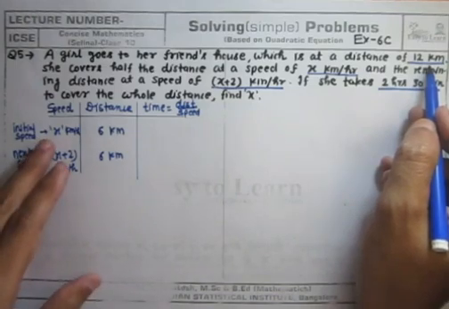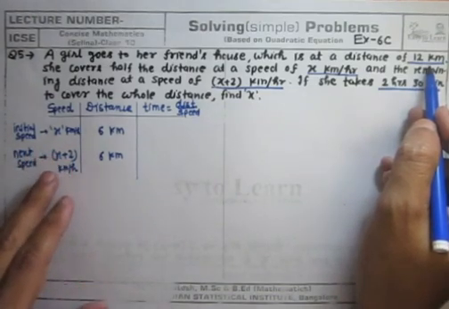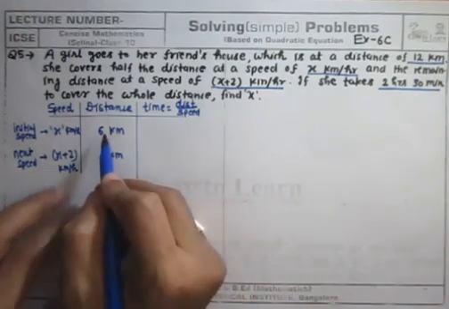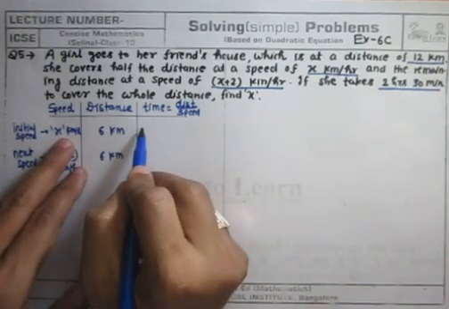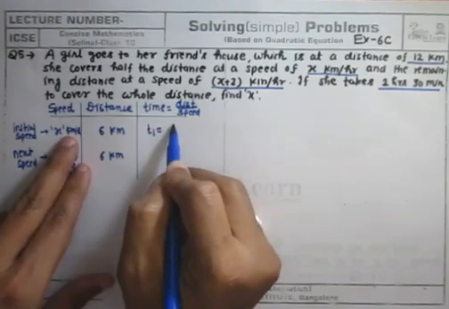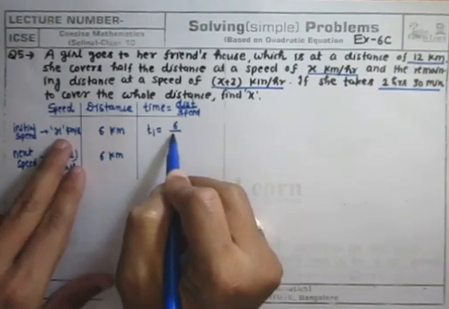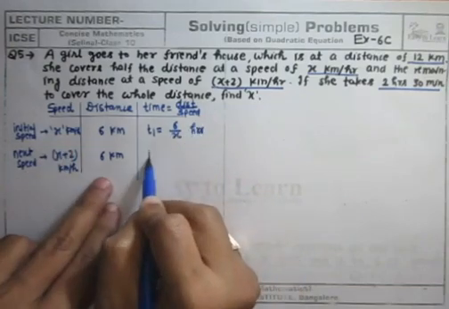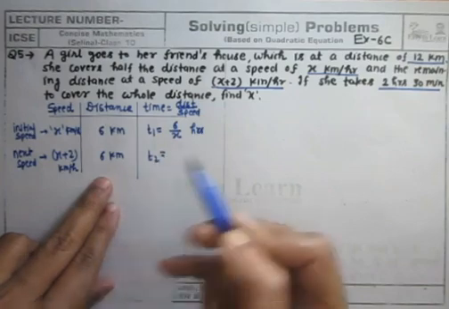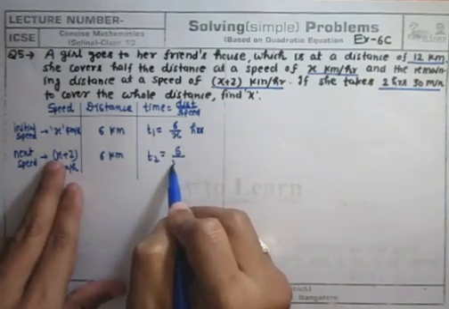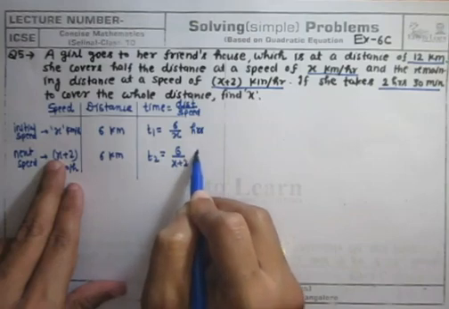So the time taken in the first half is distance 6 by speed x, and the unit will be hours. Now the time taken to cover the next half distance is 6 by the speed x plus 2 hours.